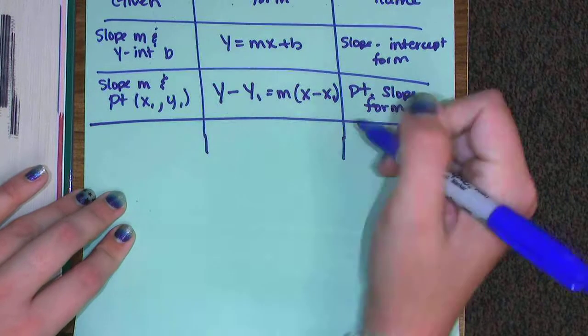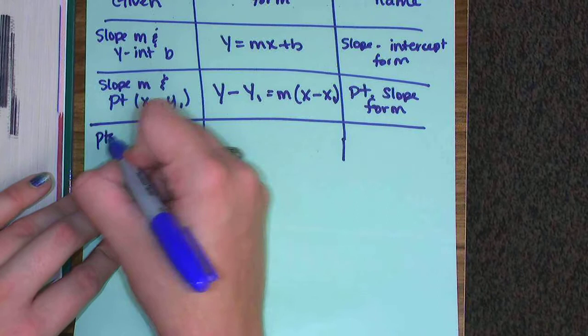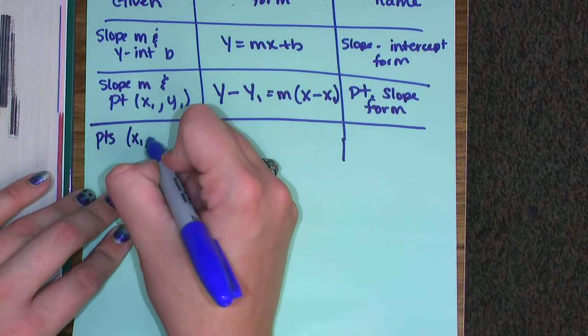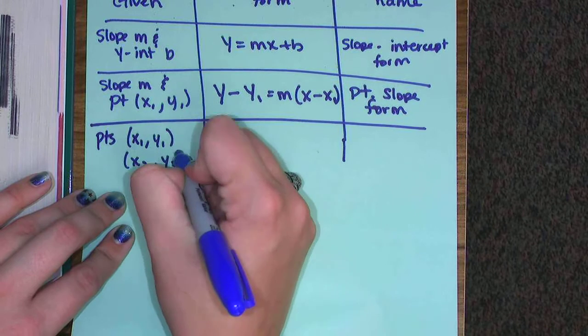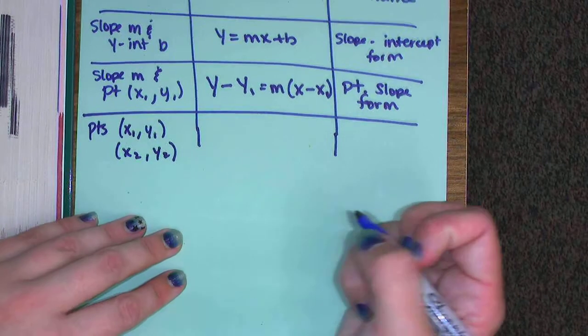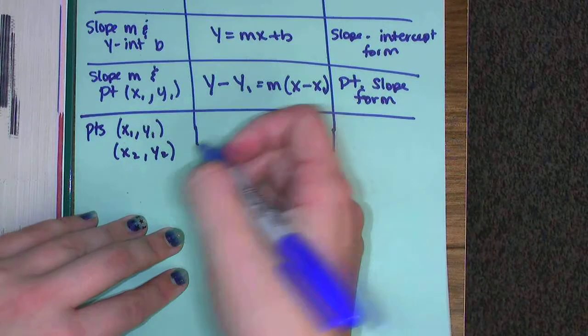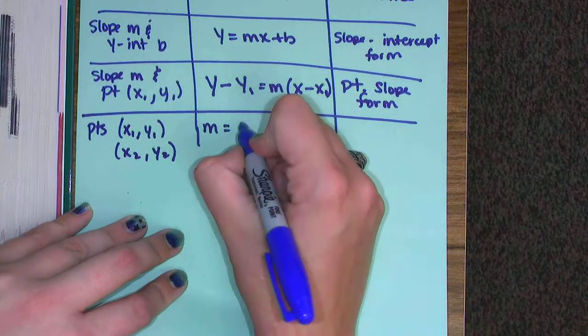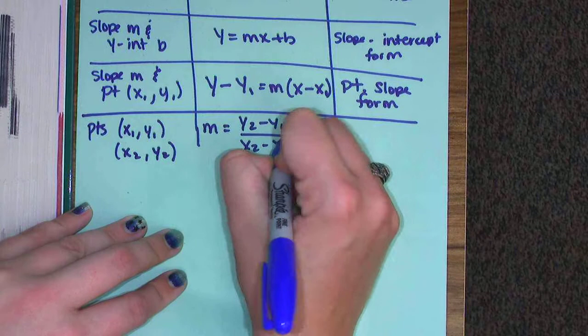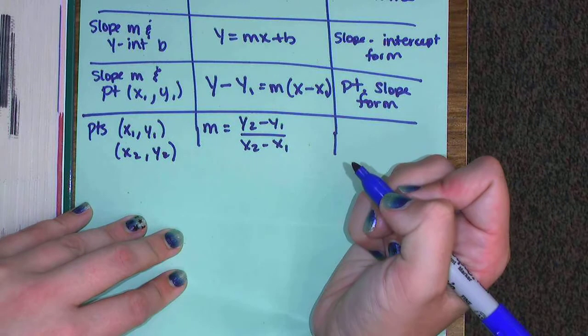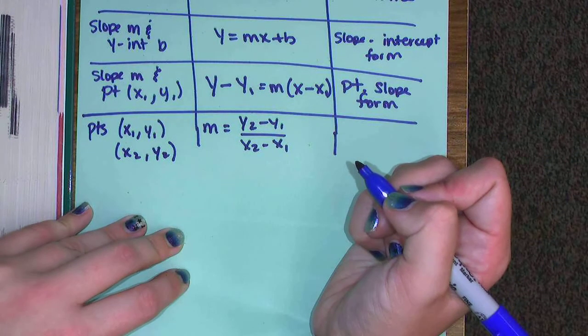And then let's just suppose you're given the points x1, y1, and x2, y2. Here, we use the slope formula. So m is equal to y2 minus y1 over x2 minus x1, which I think was from 2.2. We talked about slope.